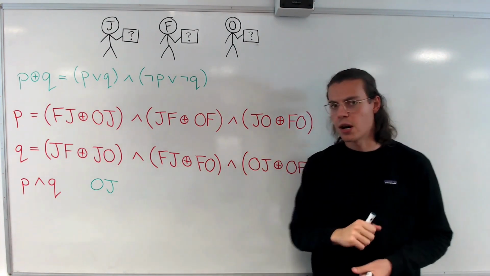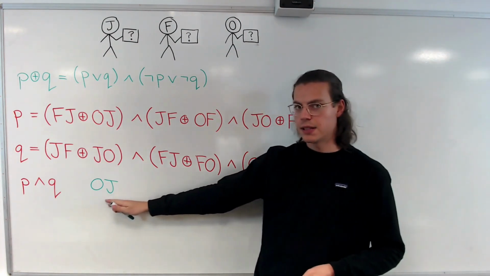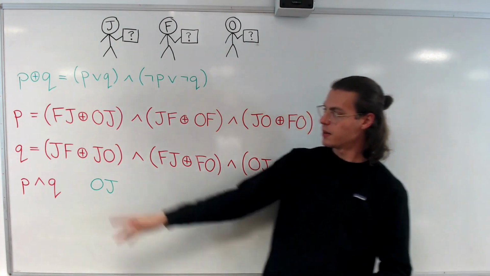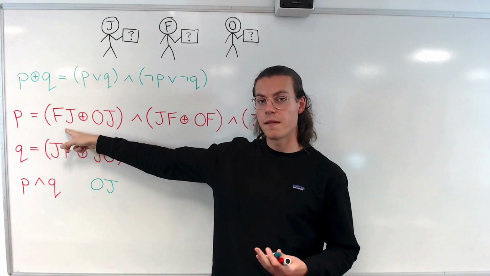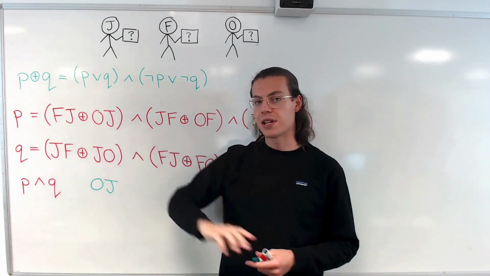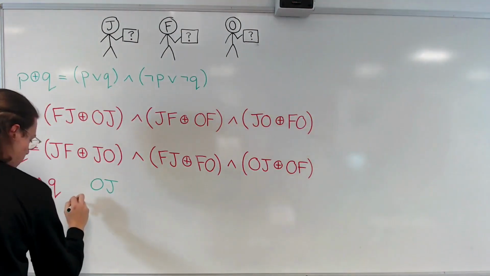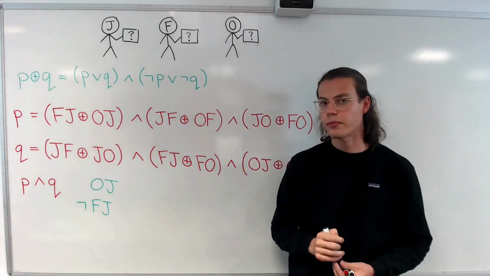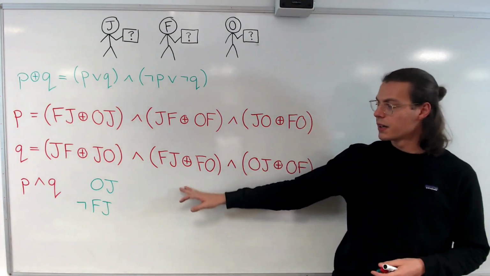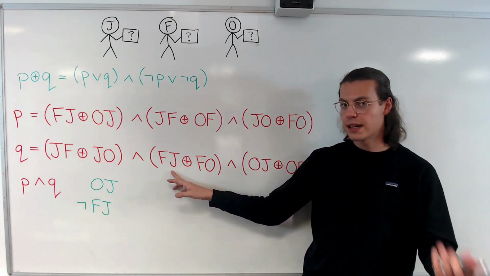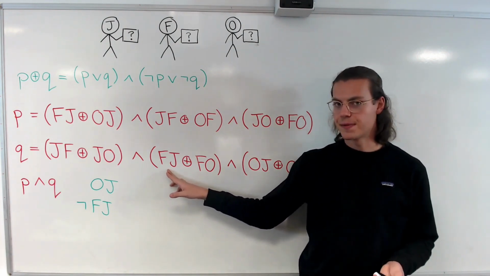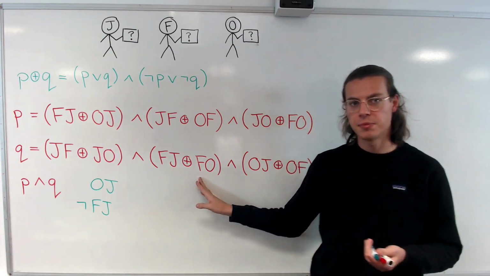Well, looking through our formulae, since OJ is true, this means that FJ must be false, since exactly one of OJ and FJ is true. Now, since FJ is false, looking at our formula Q, exactly one of FJ and FO is true. FJ is false, so FO must be true.